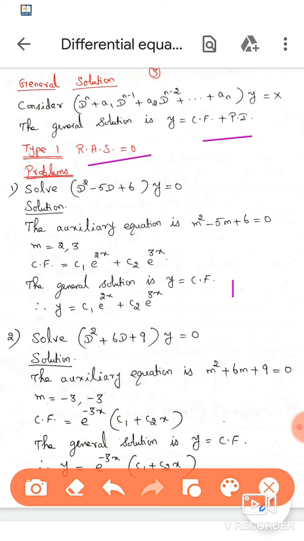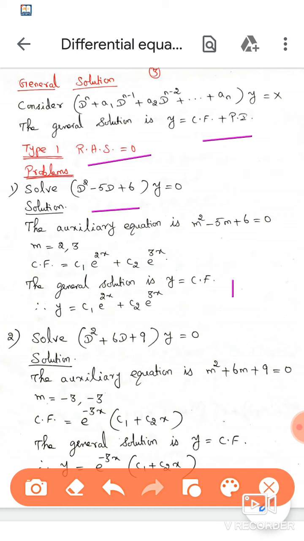Okay, now the first problem, solve (D square minus 5D plus 6) y is equal to 0. Solution. First step is write the auxiliary equation. The equation is D square minus 5D plus 6 y is equal to 0.